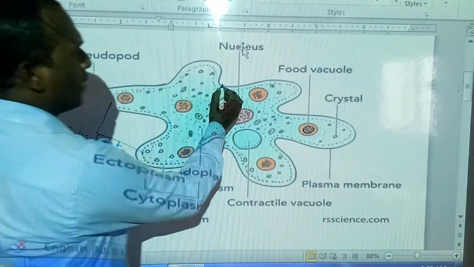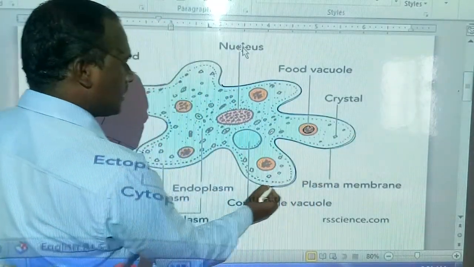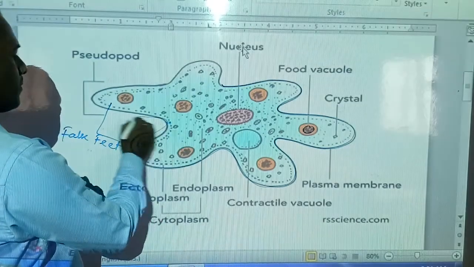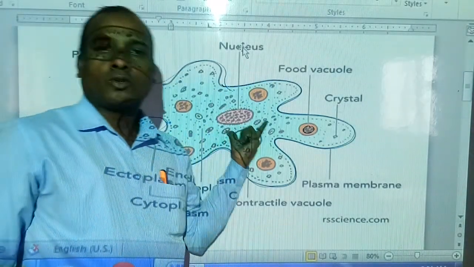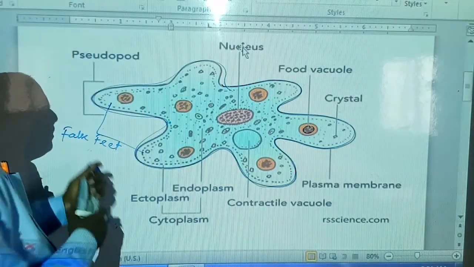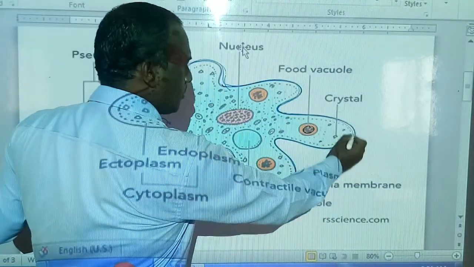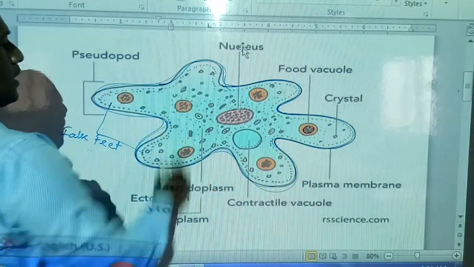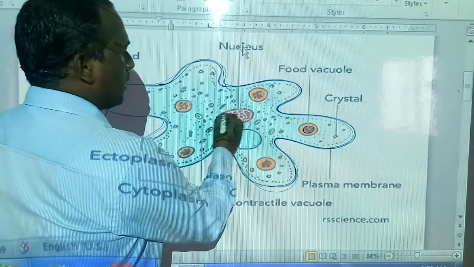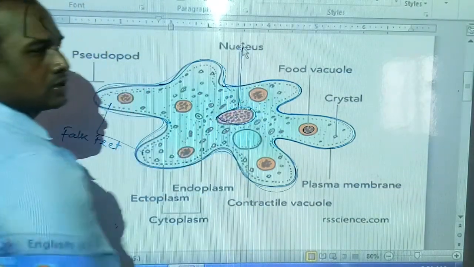And this boundary line is called the cell membrane or the plasma membrane. Are you clear about this structure? It is very important, you should draw it in your notebook also. The plasma membrane covers the nucleus and the boundary of the cell, and the middle part is the nucleus.